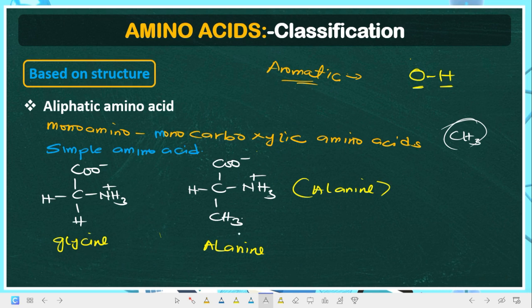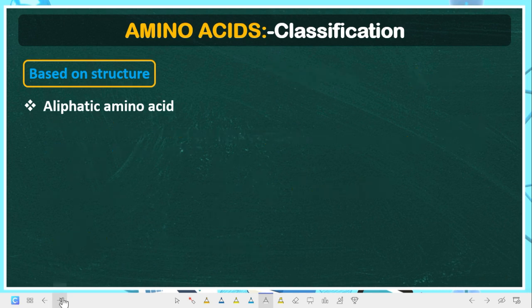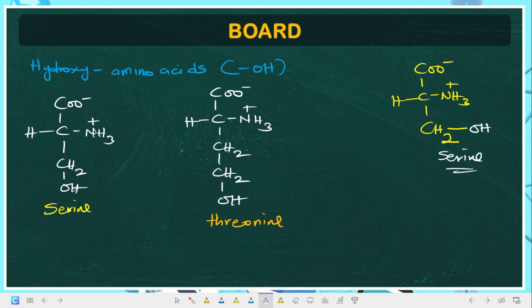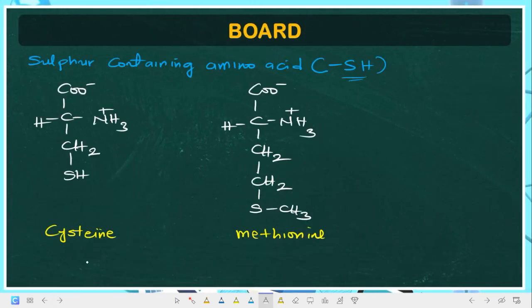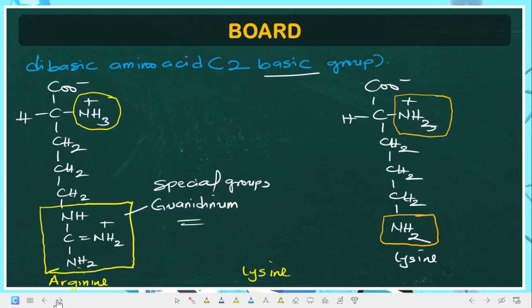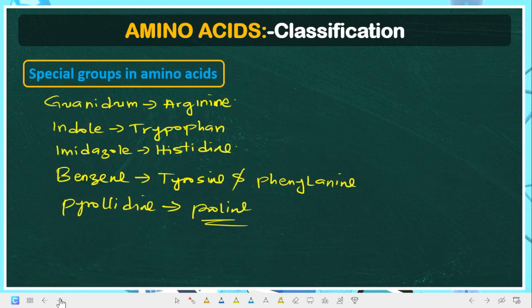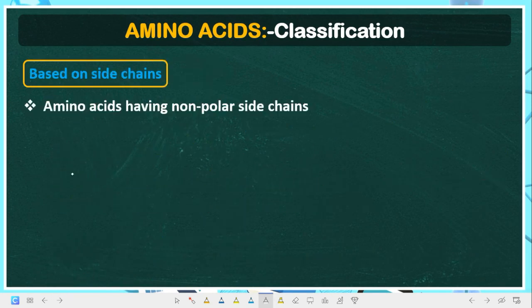An example, we have alanine, we have glycine, we have valine, we have isoleucine and lysine. Are you getting it? So all these ones, they are non-polar. Even methionine is also considered as non-polar. So let us give examples of non-polar amino acids that we know: those that contain a ring, that have only carbon and hydrogen, and others.